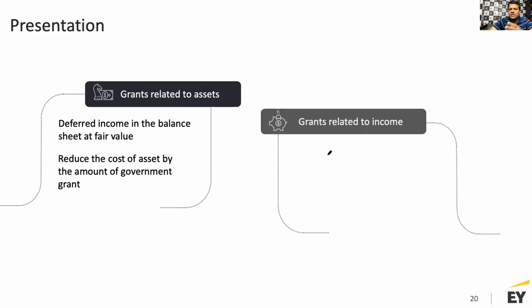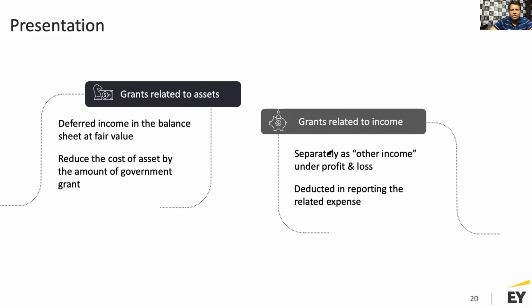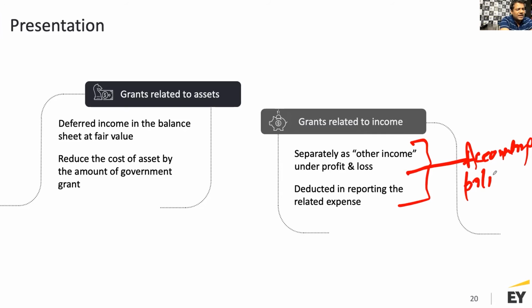If it is a grant which is related to income, it is shown separately as other income under the profit or loss account, or it can be deducted in reporting the related expense. Now again, this is ordinarily a matter of accounting policy choice, but this choice has to represent the fact pattern: for what purpose the government has given you the grant, and what type of expenses you are incurring to earn the grant or fulfill the conditions, and so on.